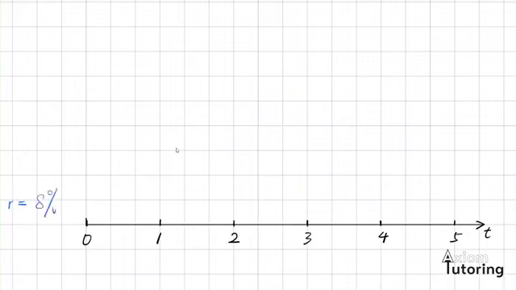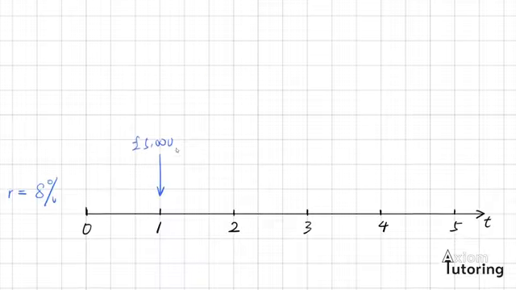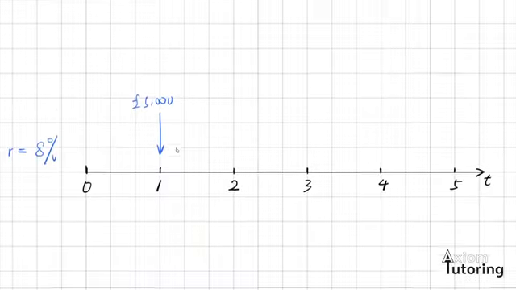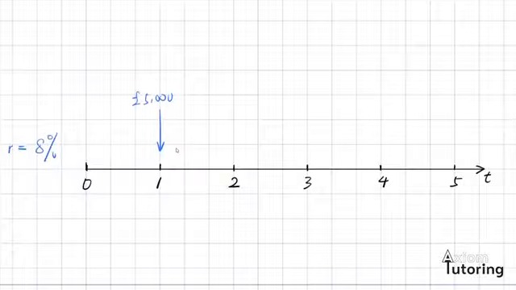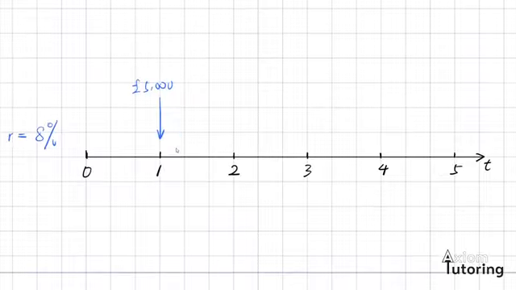Suppose I'm going to receive £5,000 in 1 year's time. What is it worth in present terms? Or what is the present value of that £5,000 in 1 year's time at a discount rate of 8%? How do we calculate that? We simply use 5,000 divided by 1 plus 8%.